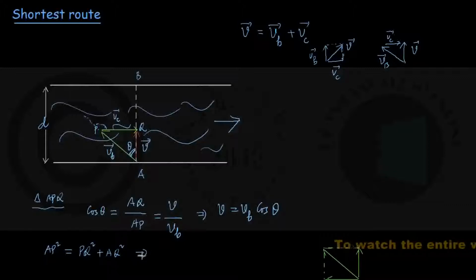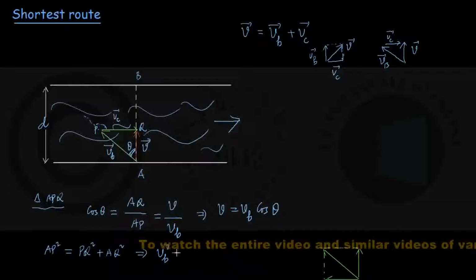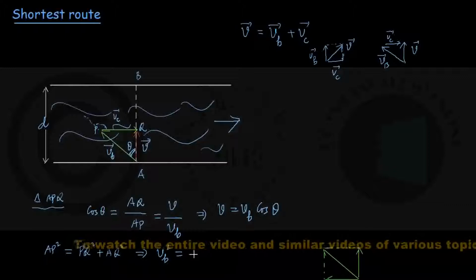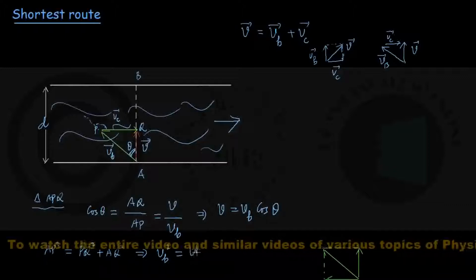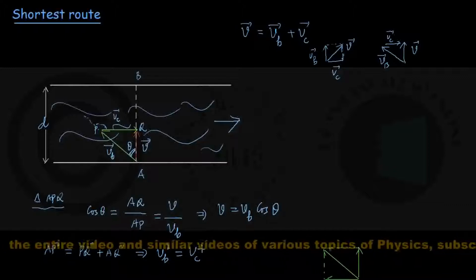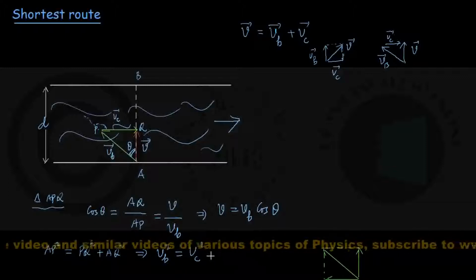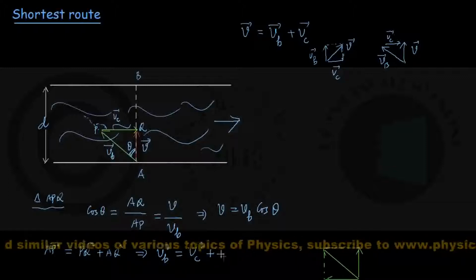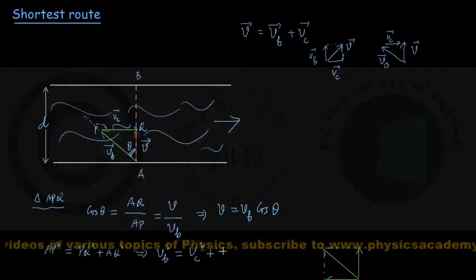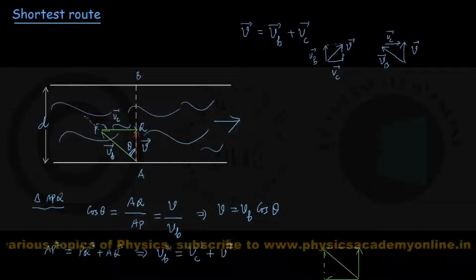And that means, putting the values, AP is of course the magnitude of VB, so VB square. PQ is the magnitude of VC, the water current speed, that is VC square, plus AQ, once again the resultant velocity's magnitude, that's V square.